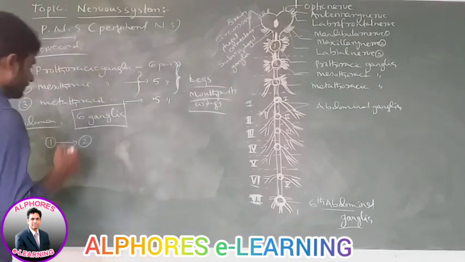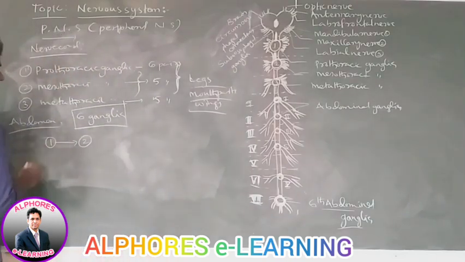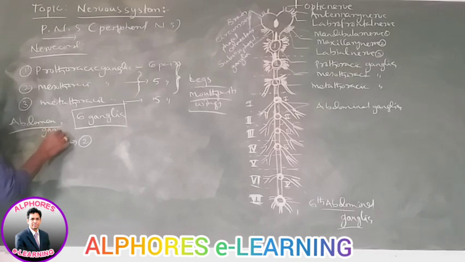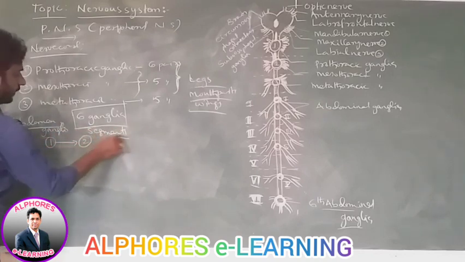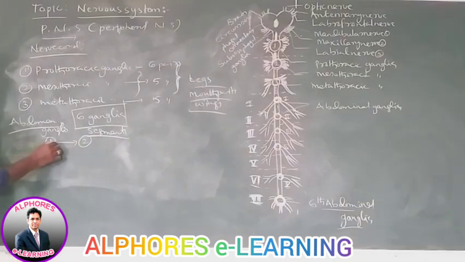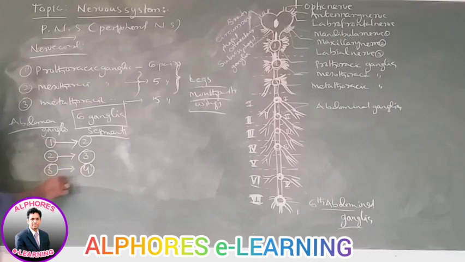Which ganglia supplies the nerves to which segment? Here, ganglia and segments. First ganglia gives off nerves to the second one. Second ganglia gives off nerves to the third segment. Third ganglia gives off nerves to the fourth one.